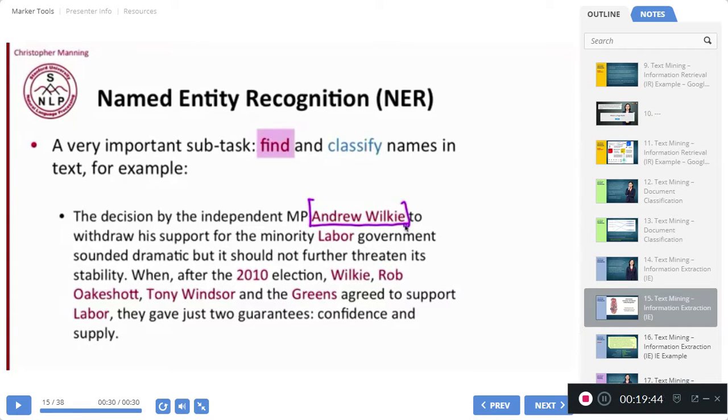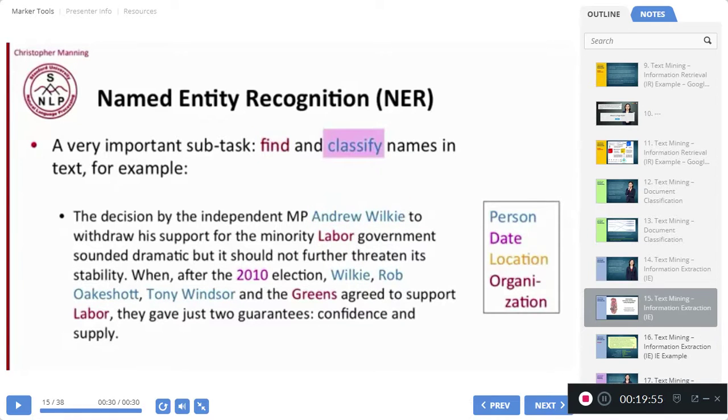So this one is these 2 tokens, this name is this 1 token, and then once we've done that, we're going to classify the names. So we're going to say that this name here is a person name, this here is the name of an organization, this is a date, and then we have a sequence of further person names. I guess this one's Rob Oakeshott and goes across the line break.